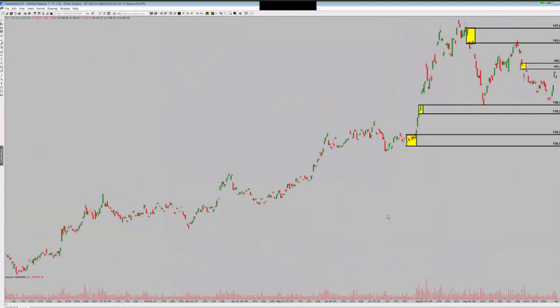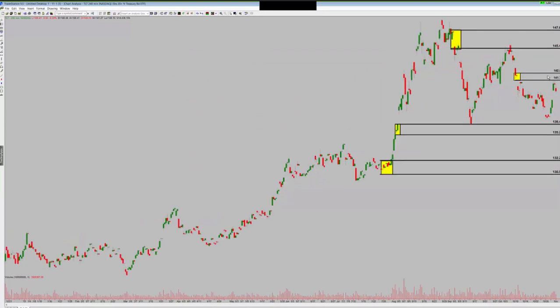Yesterday, prices rallied into this supply zone, barely got up there. Took a short position, and now prices are starting to fall. And there's a nice profit zone in here. Demand is down here.